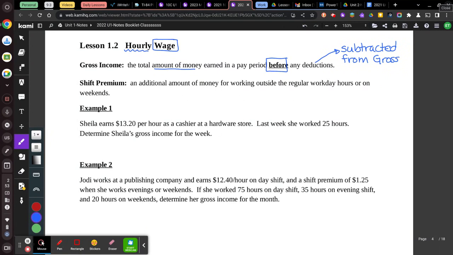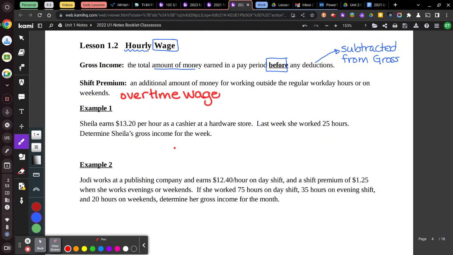So currently, we need to also chat about what is a shift premium. So if you work extra hours outside your normal work day, that is going to be considered a shift premium or overtime. So we get what's called an overtime wage. Okay, and that is an hourly wage.